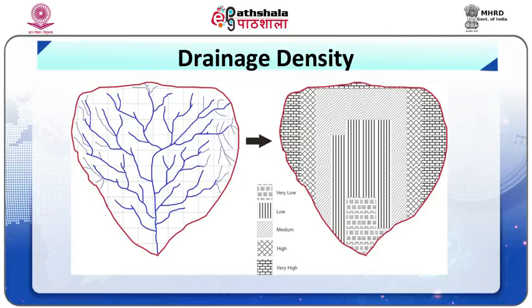Let us come to drainage density. Drainage density is defined as the total length of all streams per unit area. Drainage density is a very significant characteristic of drainage basin because it influences the texture of a drainage system.